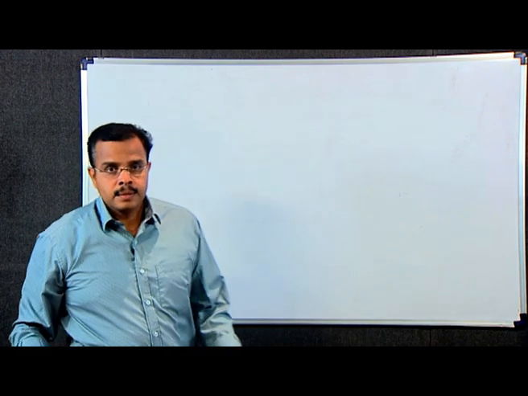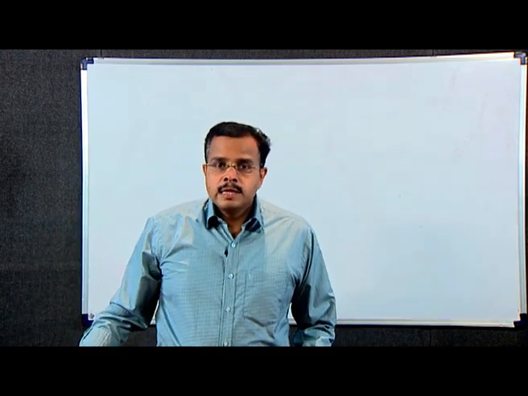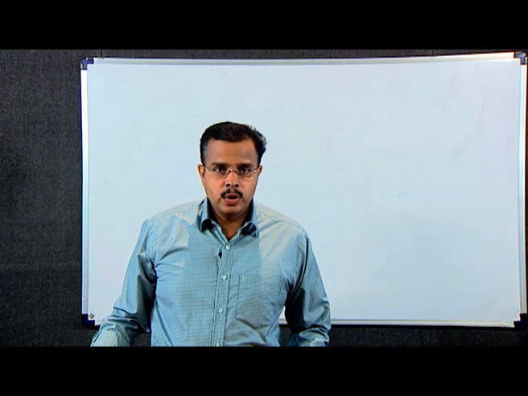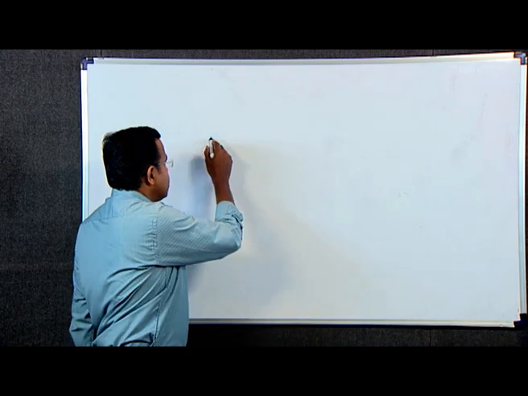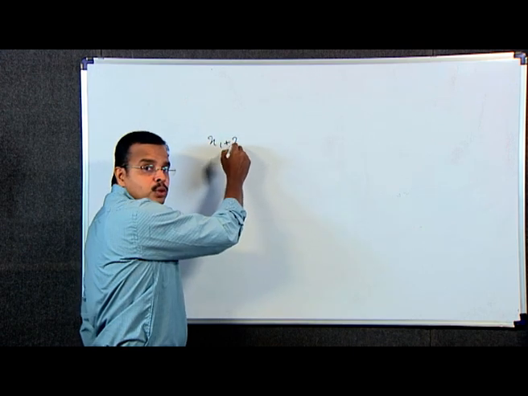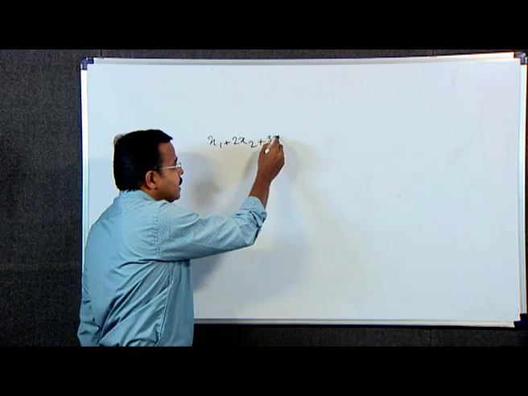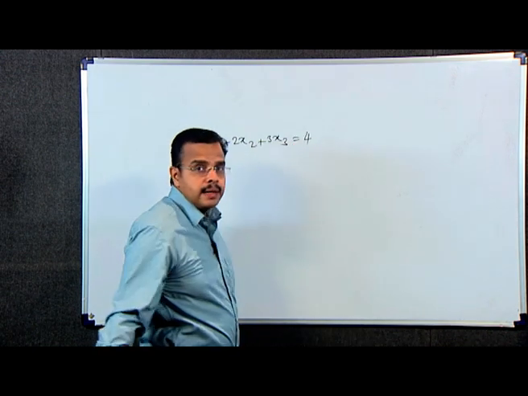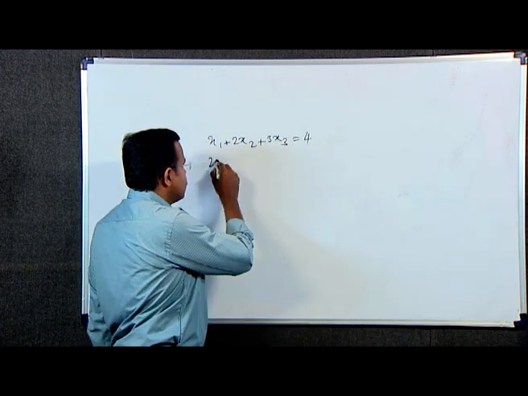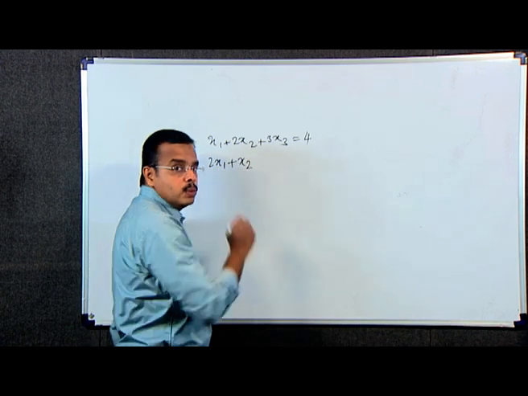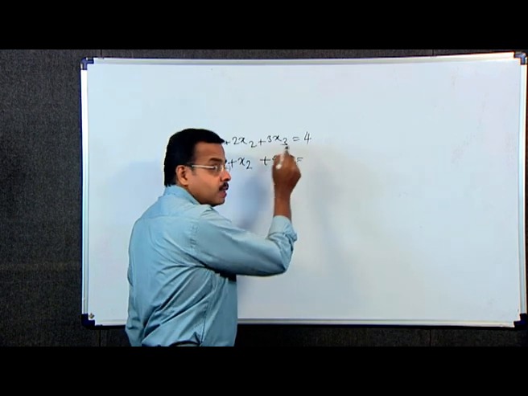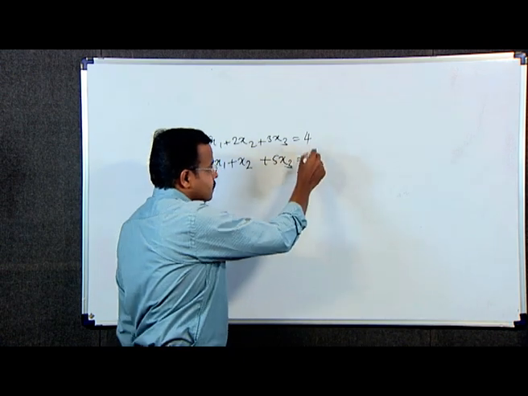In the next case, obtain all the basic feasible solutions to the set of linearly independent equations. They are x1 plus 2x2 plus 3x3 equal to 4, and 2x1 plus x2 plus 5x3 equal to 5.